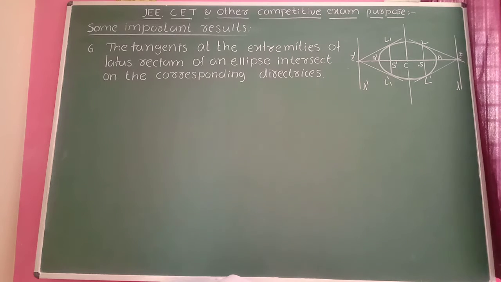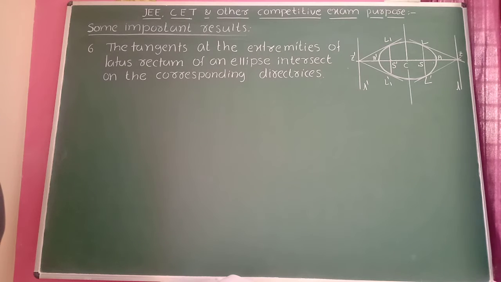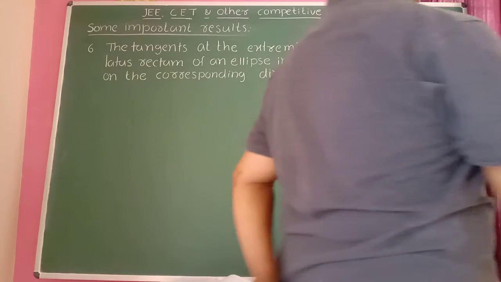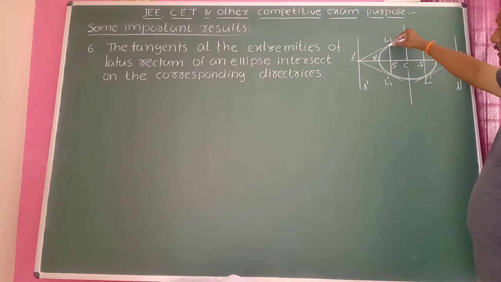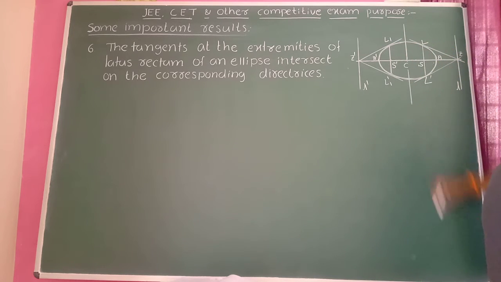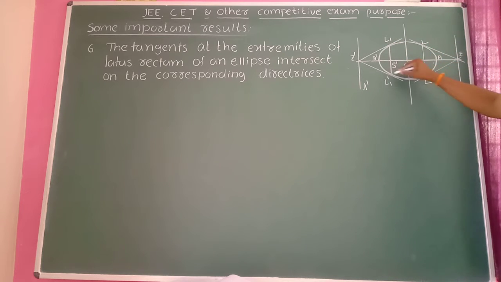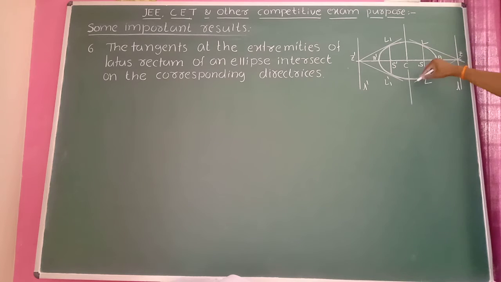The tangents at the extremities of a latus rectum of an ellipse intersect on the corresponding directrices. In this diagram, LL dash and L1 L1 dash are both latus rectums. This is one latus rectum, this is the other latus rectum. At these two points, these are the tangents, and these tangents meet on the directrix.